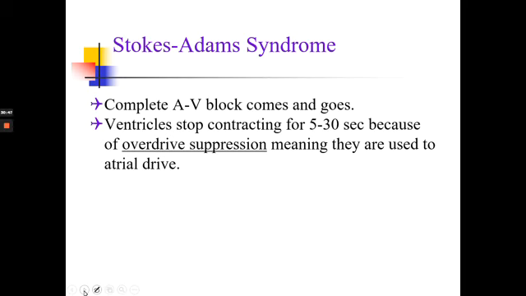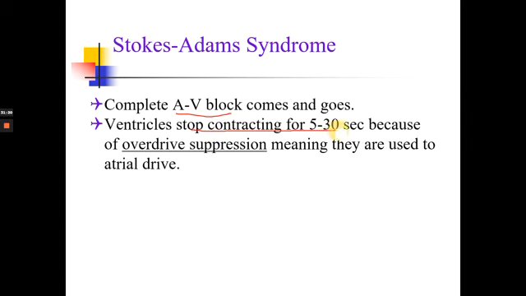Otherwise, if the vagus supplied the Purkinje, the heart would not resume any rate. So complete AV block comes and goes when the carotid sinus presses the parasympathetic vagus. When the pressure subsides, there is no suppression.